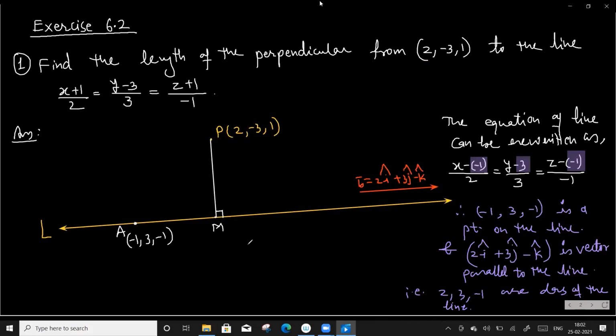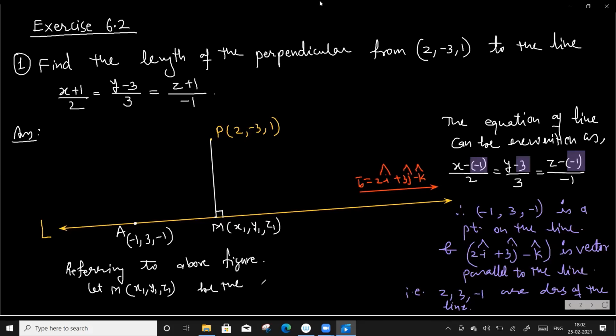So I write here, referring to the above figure, let M (x1, y1, z1) be the foot of perpendicular from point P on the line.